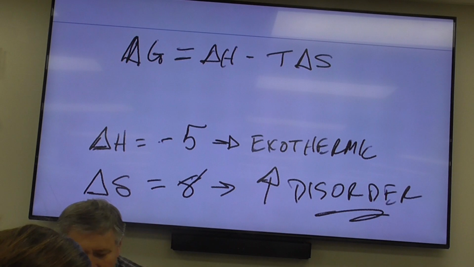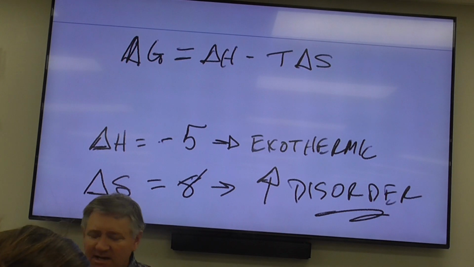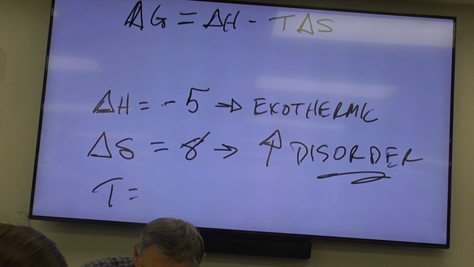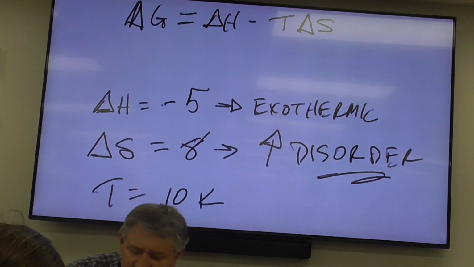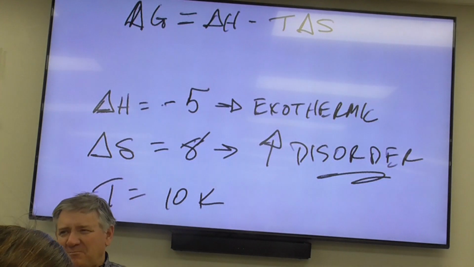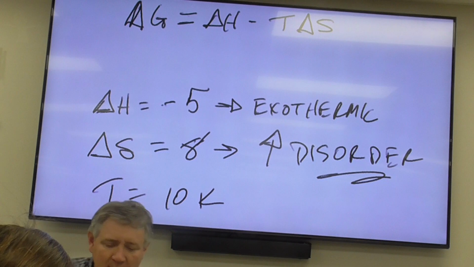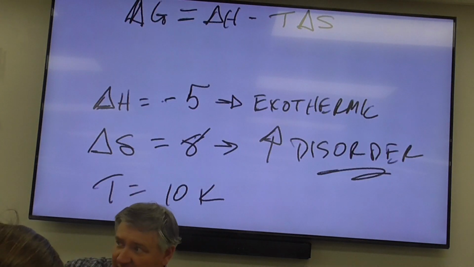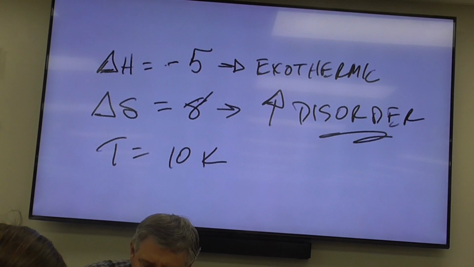Now, for the sake of simplicity, let's say the temperature is 10 degrees Kelvin, which is really, really cold, but it's going to make the math work out, okay? So I'm going to calculate delta G for this.